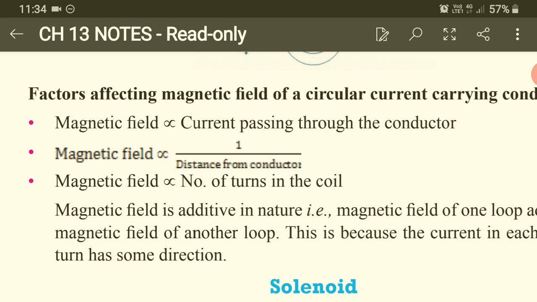Directly proportional means higher the current, higher will be the strength of magnetic field. Larger the number of turns, higher will be the strength of magnetic field. But in case of distance, it is inversely proportional. That means more the distance from the center of the conductor, less will be the magnetic field strength.